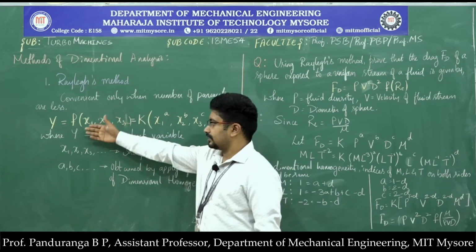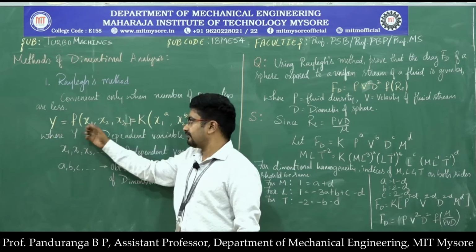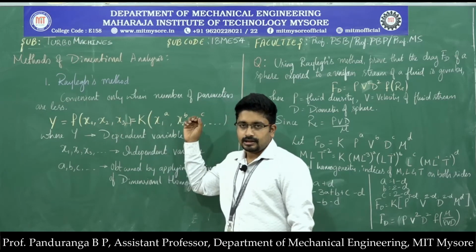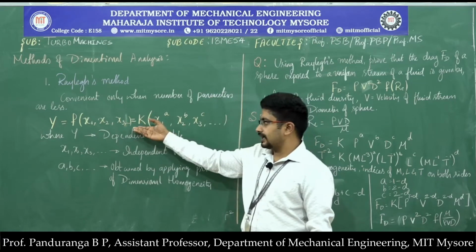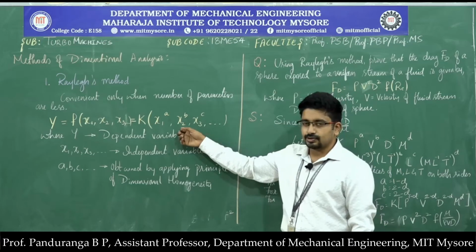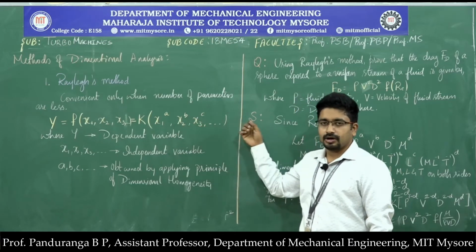So here I'll take y is equal to f of x1, x2, x3 up to xn, and this can be written in the form of k into x1 to the power of a, x2 to the power of b, x3 to the power of c, and so on.